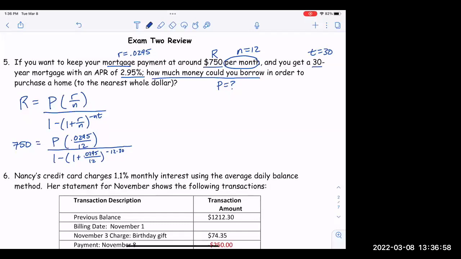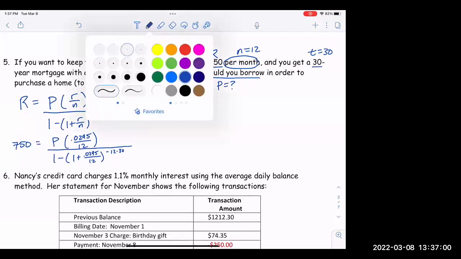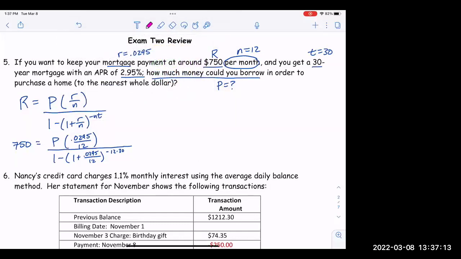So what I would do in order to put this in the calculator, I'm going to go ahead and do this part of the formula, so basically everything except for the P.